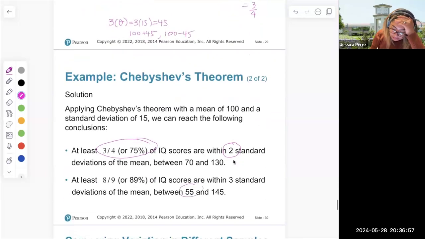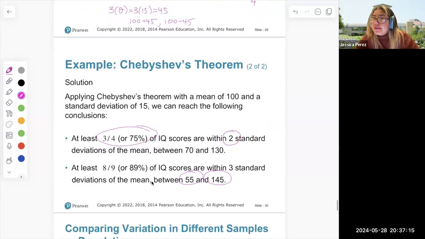That's how we get 55 and 145. And at least 89% of the values will lie between 55 and 145. So that is Chebyshev. We talked about the empirical rule and Chebyshev. The standard deviations away will give you k.